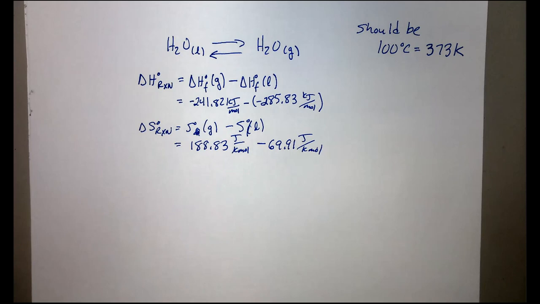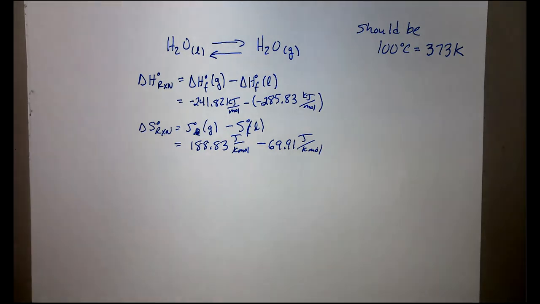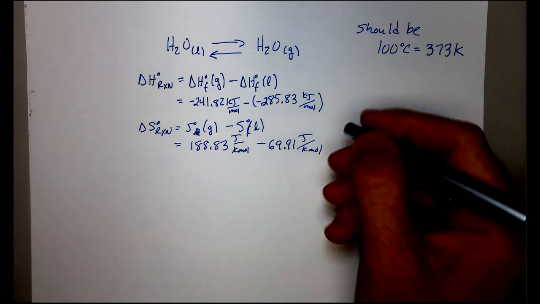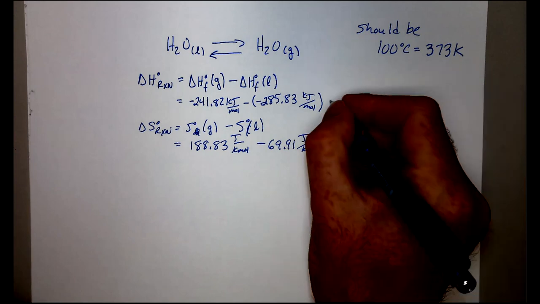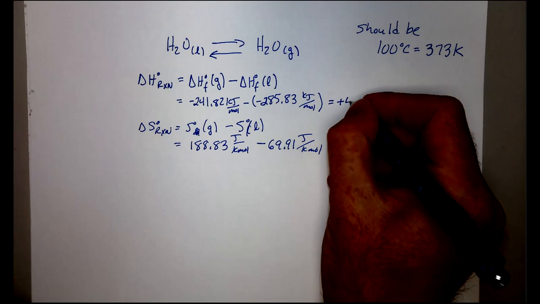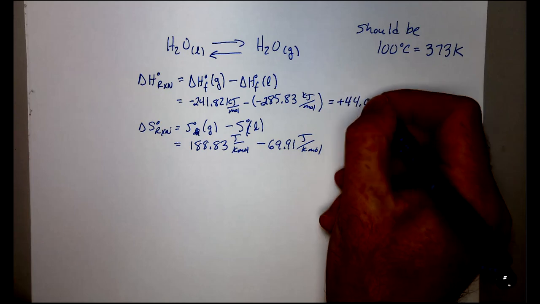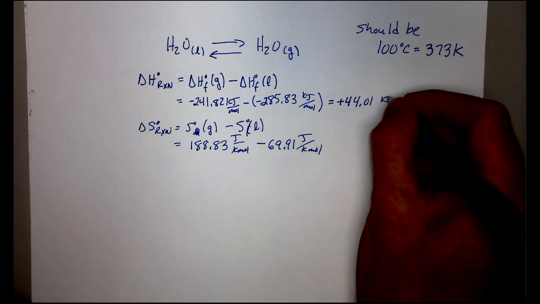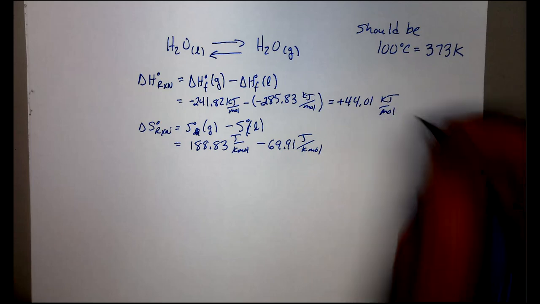Then we can run that through our calculator. So we're going to say negative 241.82 plus 285.83. And so boiling is going to be endothermic, so it's a positive 44.01 kilojoules per mole of water that boils.